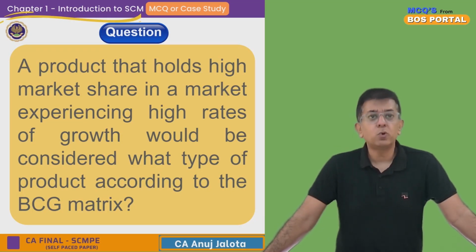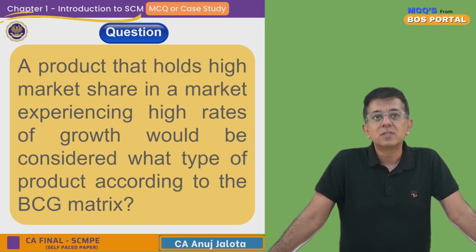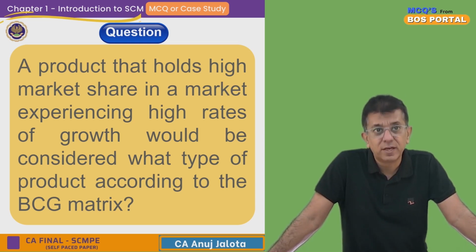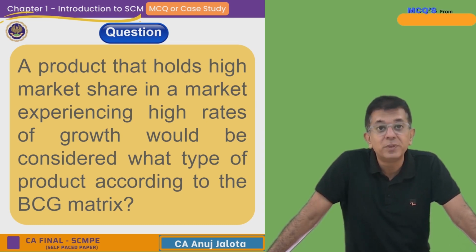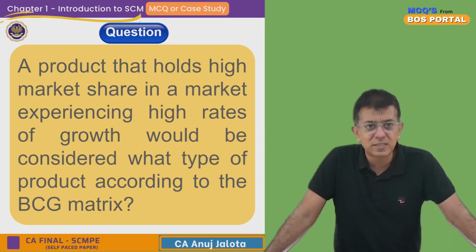Let's start it off. We are on to chapter number 1 and an interesting question. A product that holds high market share in the market and is experiencing high rates of growth would be considered which type of product according to the BCG matrix? BCG, Boston Consulting Group, is the consultancy firm that made this entire matrix.